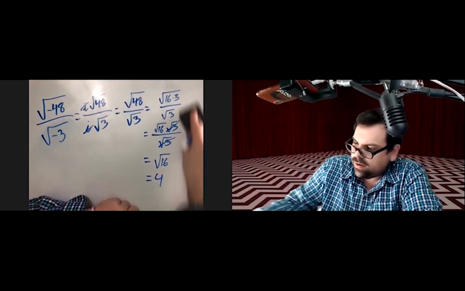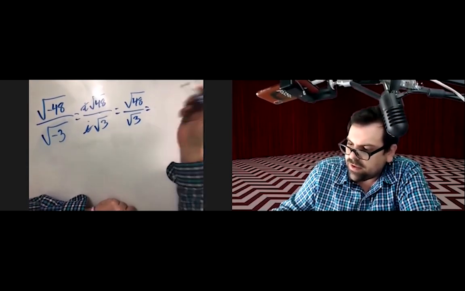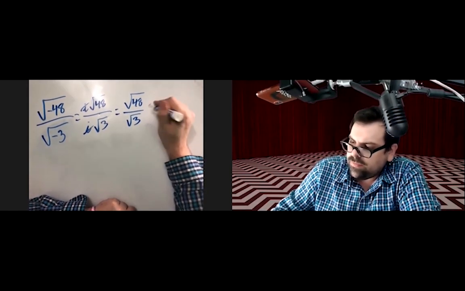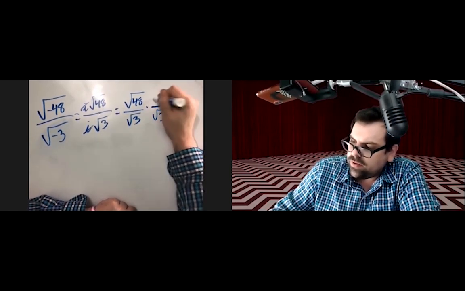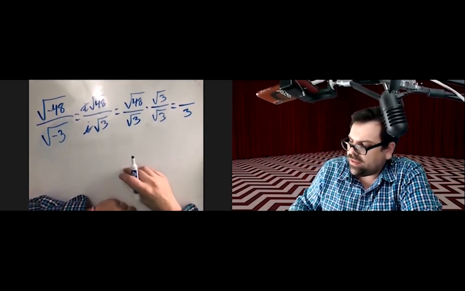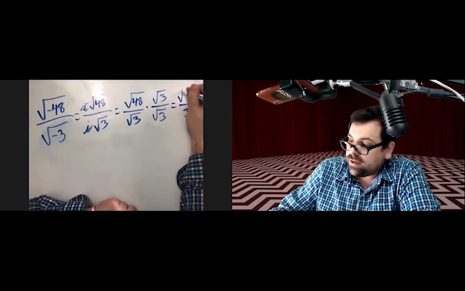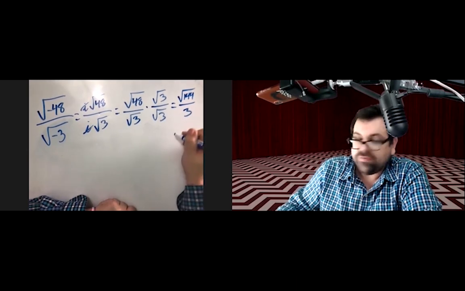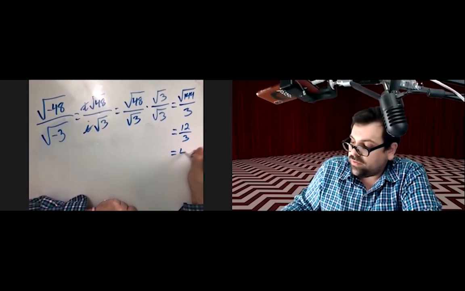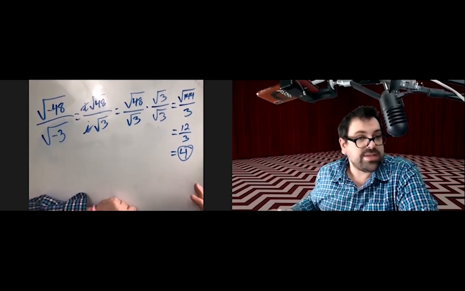Or maybe you just rationalize. This one might be a little bit more difficult, but times radical 3 over radical 3 gives you the 3 on the bottom. 48 times 3 is 144. Square root of 144 is 12. 12 over 3 is 4. Lots of different ways to get to 4.